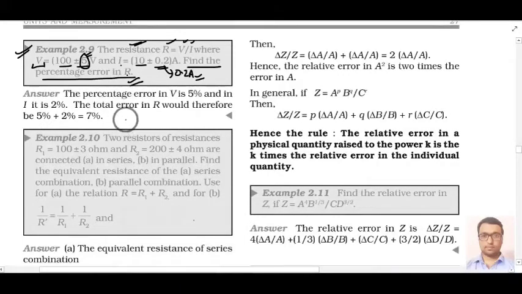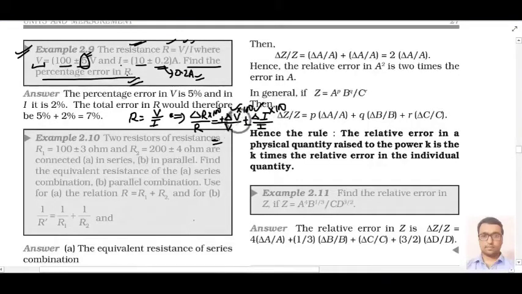We note the formula: here both quantities are in a division pattern. So in this case also our final answer comes out to be delta R by R equal to delta V by V plus delta I by I, because both errors are plus or minus, but to get the maximum error we have to add both errors. If you multiply the LHS by 100, you have to multiply the RHS by 100 also.